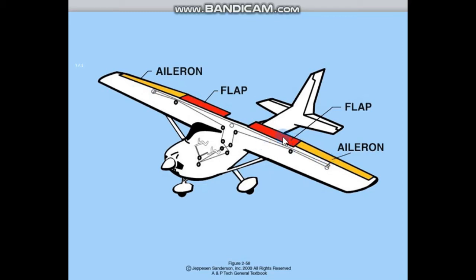And these are extended from the root of the airplane to the midpoint. They are called flaps, and the two flaps will go in the same direction. When this flap goes down, the second flap will go down.